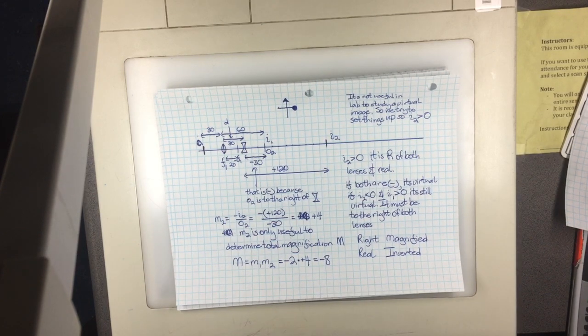And what's going to happen is in lab, you will not have F2, you will solve for F2.